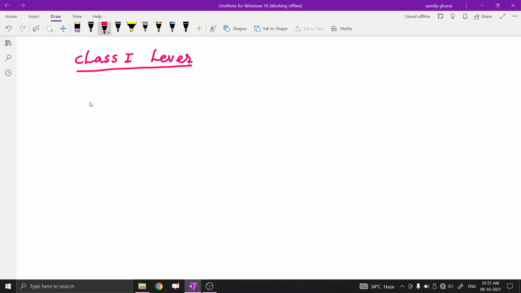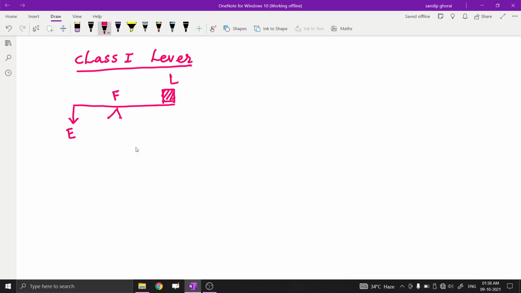Here generally the fulcrum is situated in between load and effort. So if we take a simple machine, here load is applied and effort is applied at this point, and the fulcrum is situated in between load and effort. This is your fulcrum point.